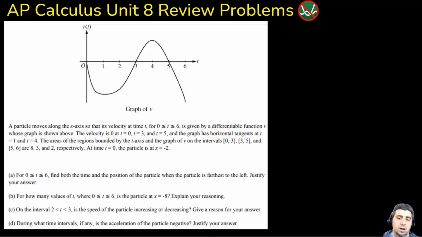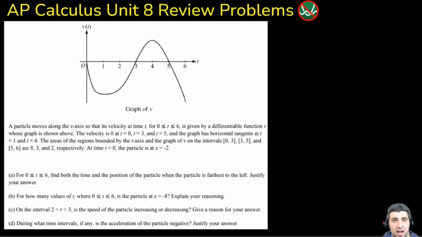So in order to figure out when the particle is furthest to the left, we need to determine what its position is at critical times. Now, if you look at the graph, the velocity is negative from 0 to 3, which means it's moving to the left from 0 to 3. So at 3, it could be furthest to the left, but it also changes from negative to positive there, meaning you would have a relative min.